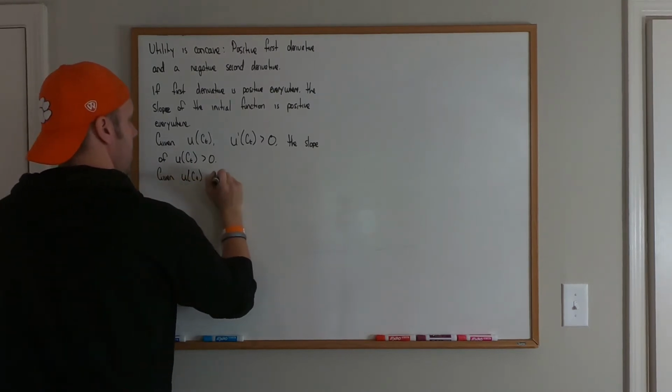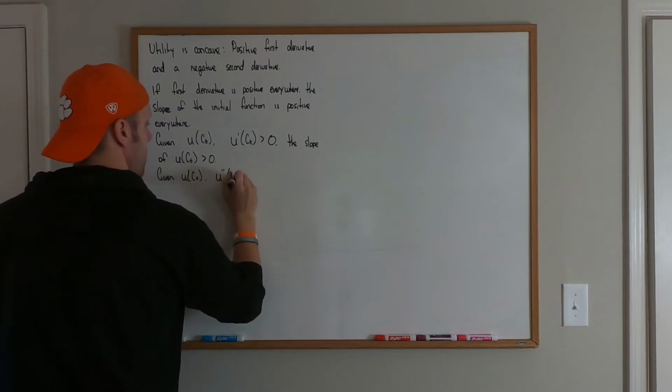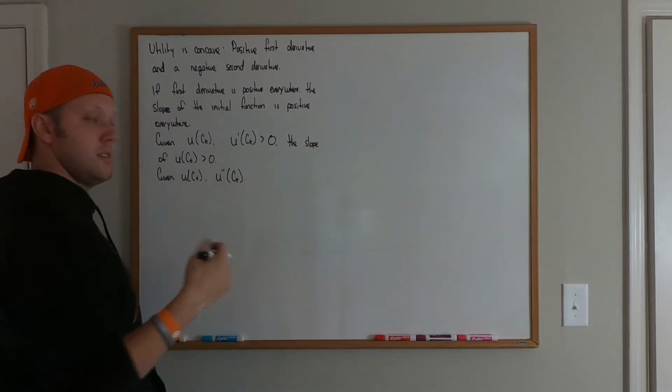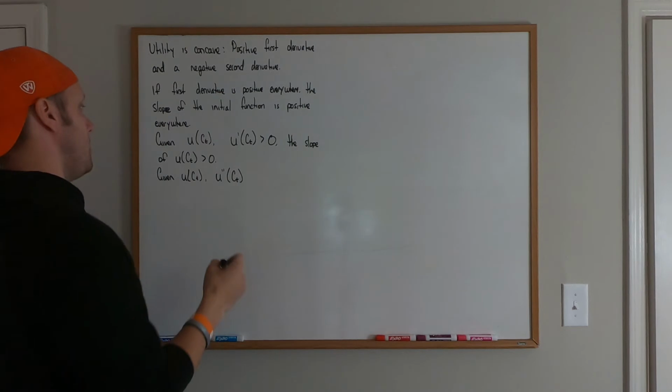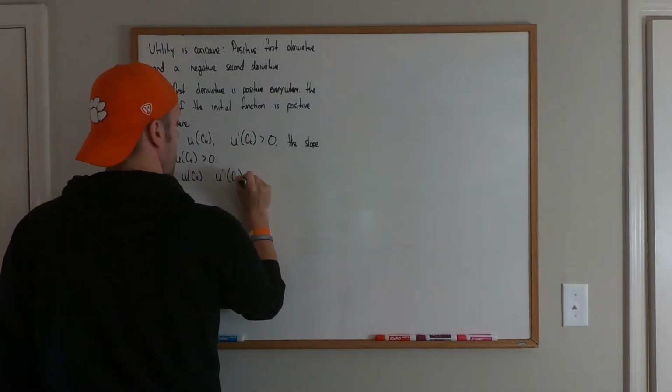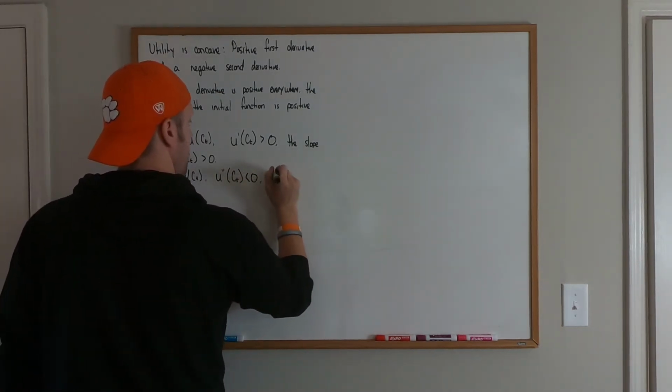Given u of ct, u double prime of ct, the second derivative of utility of consumption, is negative.